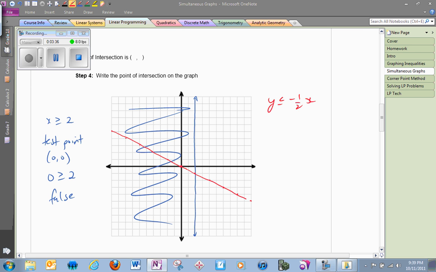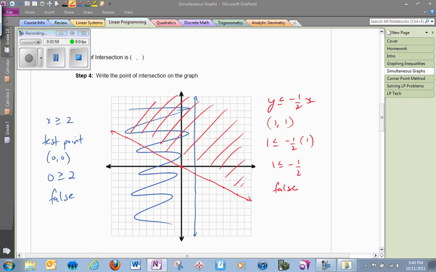I could also use 5, 5, anything else that I feel like, but I'm going to pick 1, 1 as my test point. Is 1 less than or equal to negative a half? Well, again, that is false. So I'm going to shade the region that contains 1, 1.